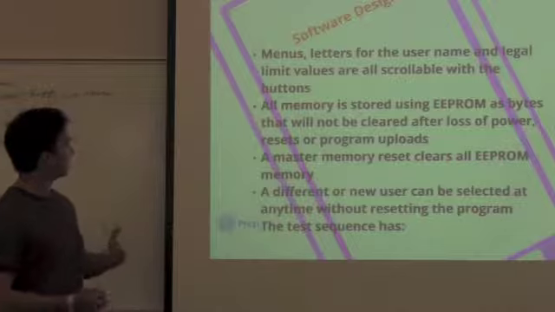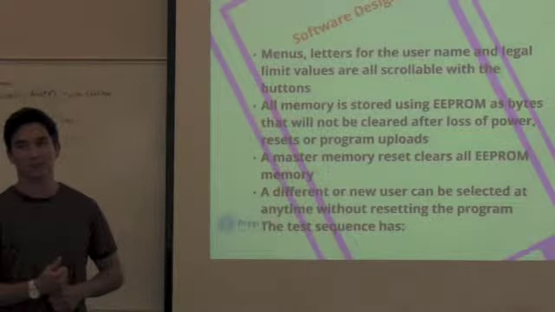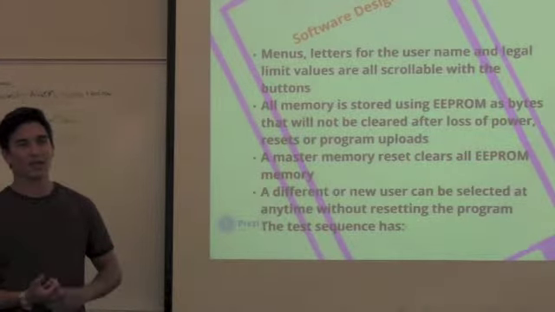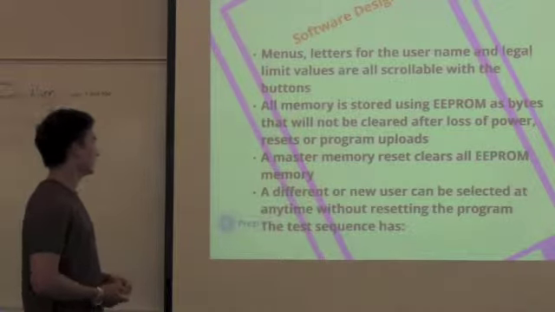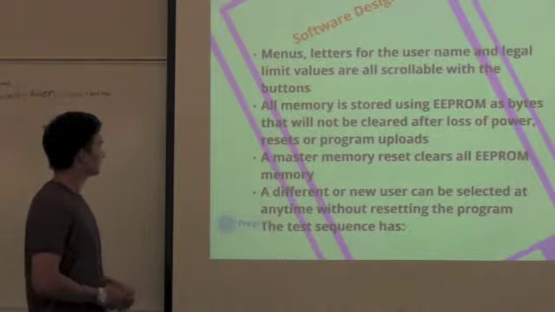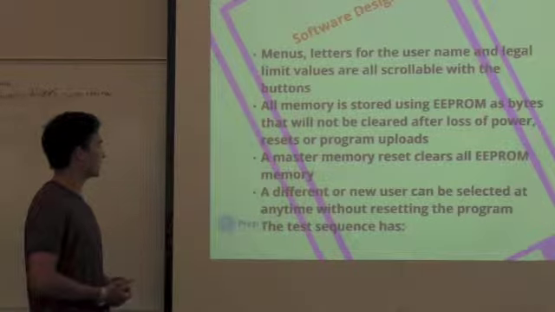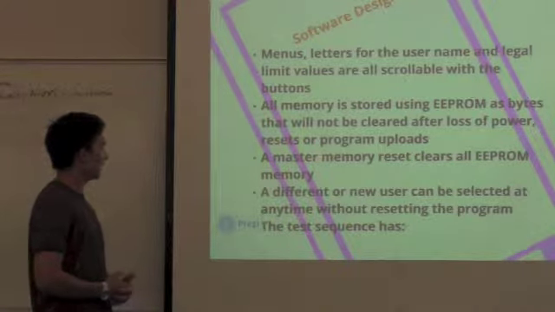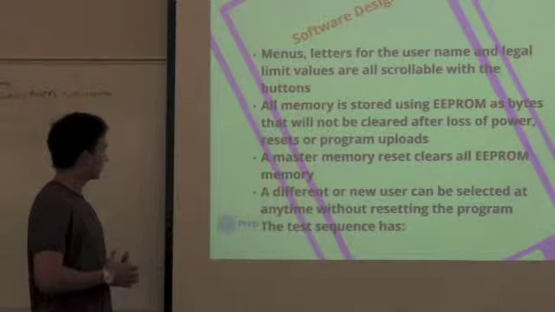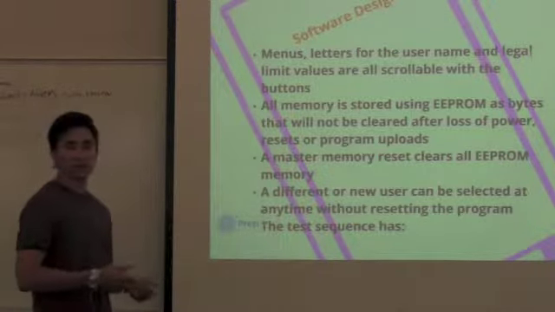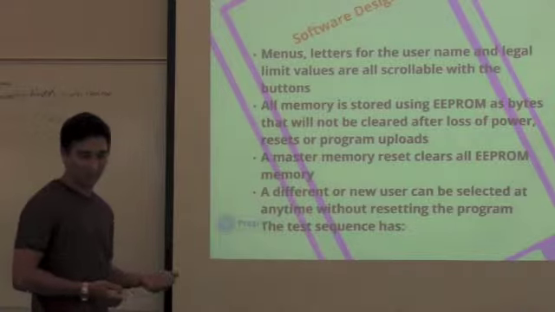We have strings for the usernames and values stored in an unsigned character for their BAC. And then a master reset will clear all the memory, which is another option in one of the menus. And you don't have to restart the whole program if you want to change users. That's another menu option.